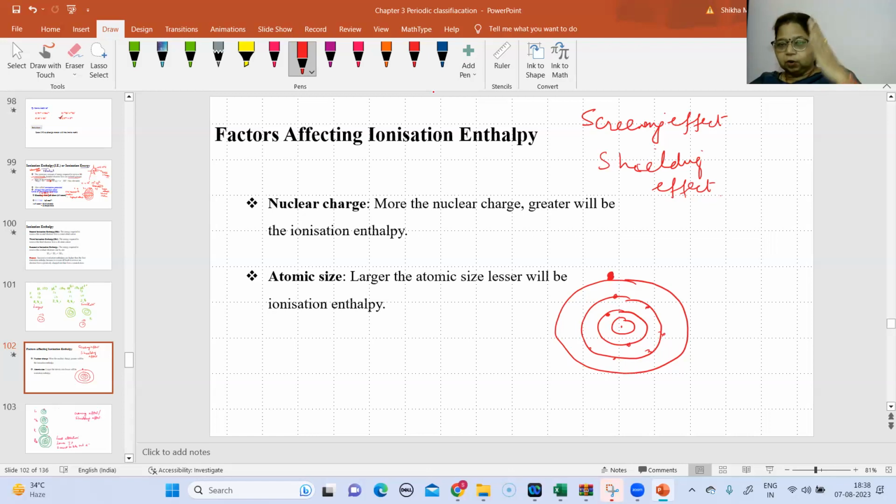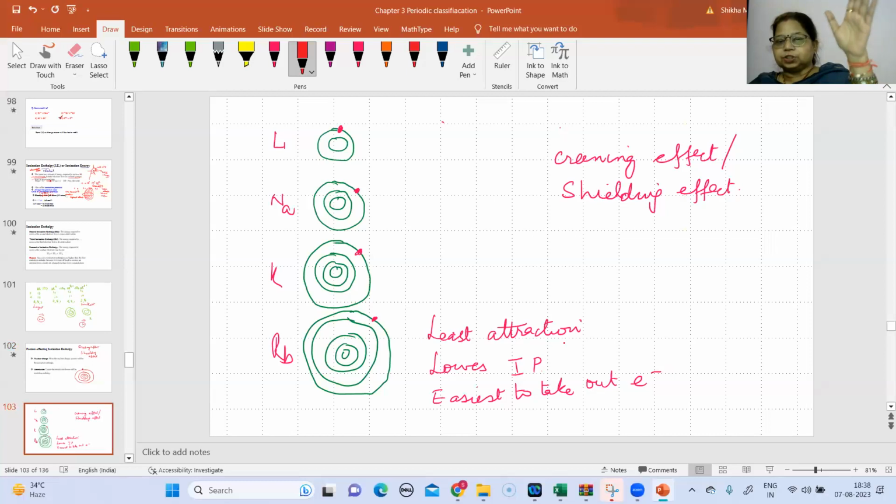So as we go down the group, we say that the shielding effect or screening effect increases, right? As you can see here, the number of screens or inner shells is increasing. It is another terminology to explain the same concept.